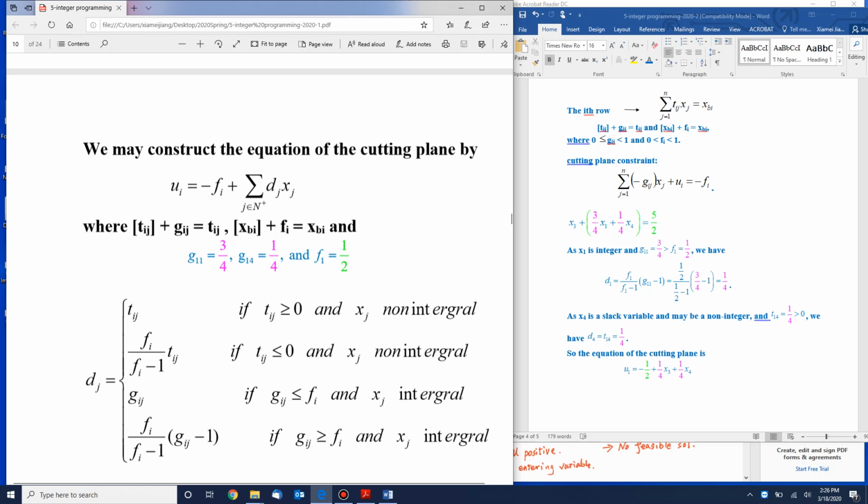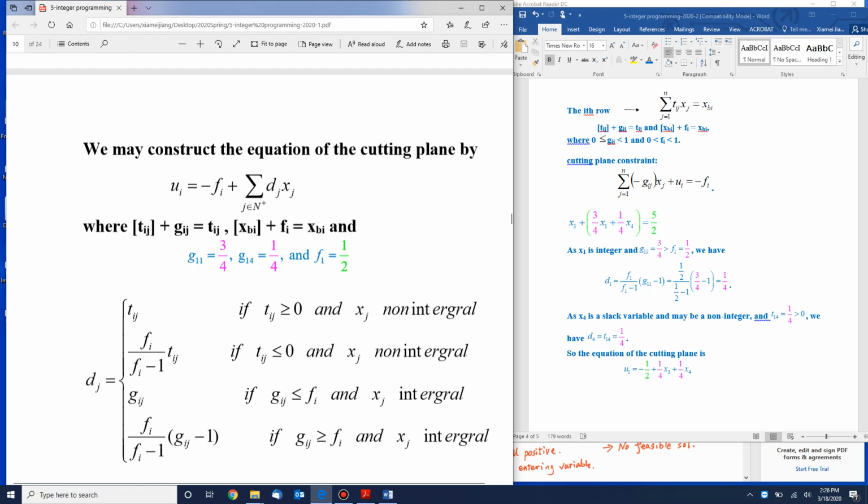To decide the dj, we have to follow this formula. If Tij is greater than or equal to 0 and xj is non-integral, then we choose dj equals Tij. If Tij is less than or equal to 0, then we use fi over fi minus 1 times Tij to replace dj.